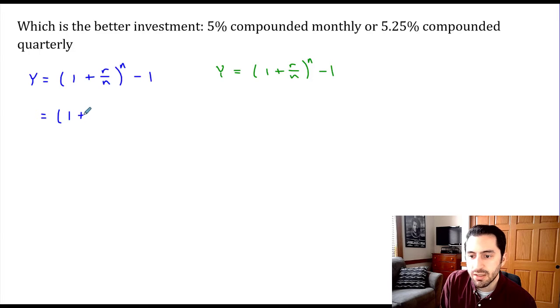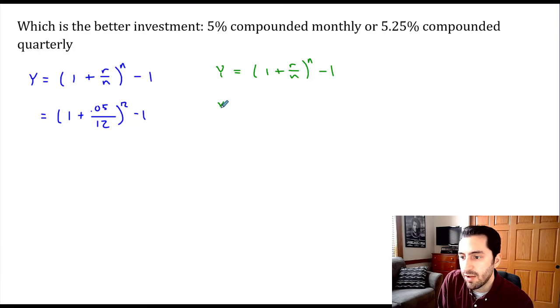So 1 plus 5% as a decimal, 0.05, and compounded monthly, so that means n is going to be 12. In our second investment, we have 5.25%, and that is compounded quarterly. So as a decimal, 0.0525, and then compounded quarterly, that's 4 times a year, so n is going to be 4.